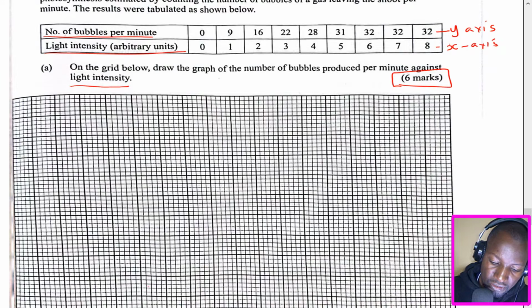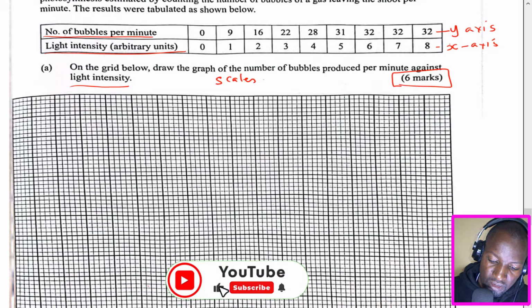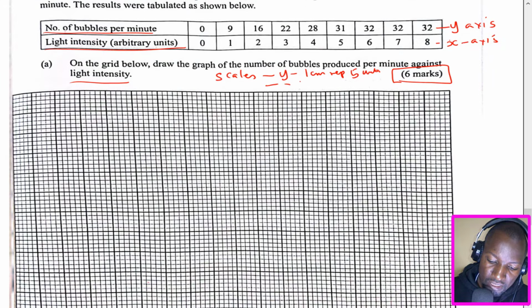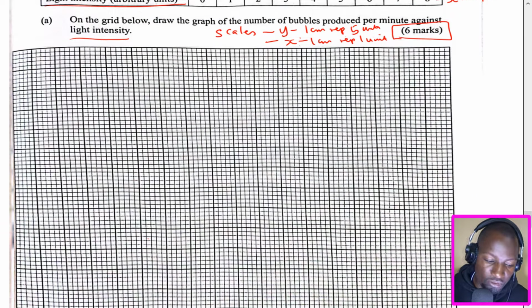On the y-axis, we shall have 1 centimeter to represent 5 units. Then on the x-axis, we shall have 1 centimeter representing 1 unit. So those are the scales we are going to use.